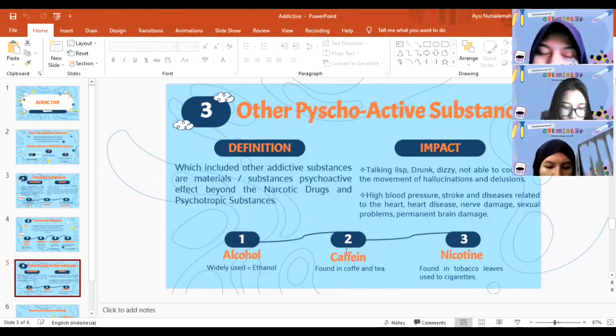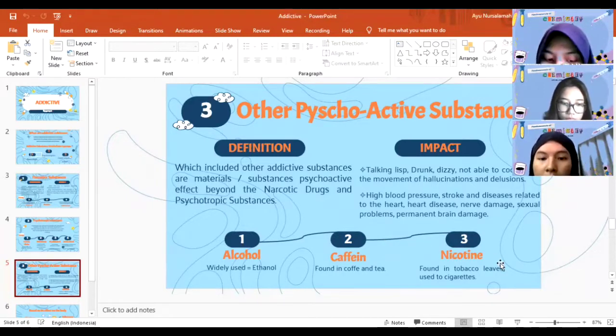Like when we feel sleepy, we drink coffee to hold back our drowsiness. Why is it like that? It's because coffee contains caffeine that can improve our brain performance. And the last is nicotine. Nicotine is found in tobacco leaves, which are usually used as material for making cigarettes.